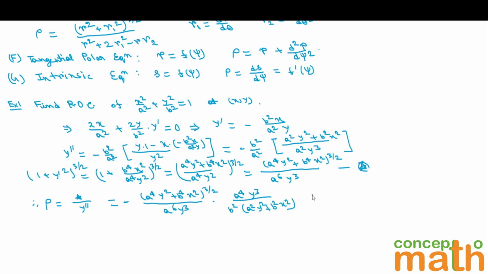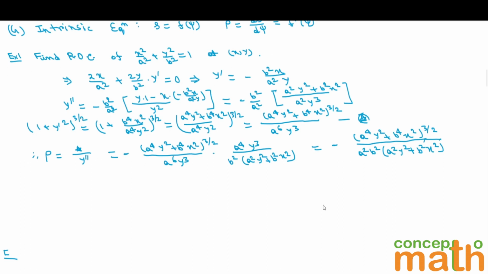So y cube will get cancelled out, a to the power 4 will also get cancelled out. So this is minus (a to the power 4 y square plus b to the power 4 x square) whole to the power 3 by 2 divided by a square b square into (a square y square plus b square x square).